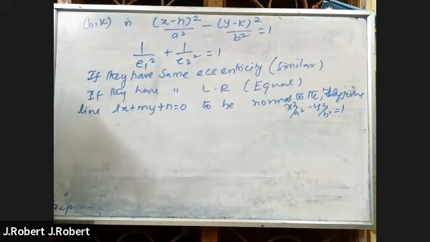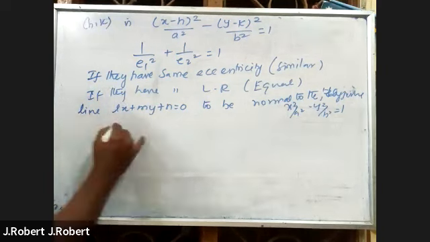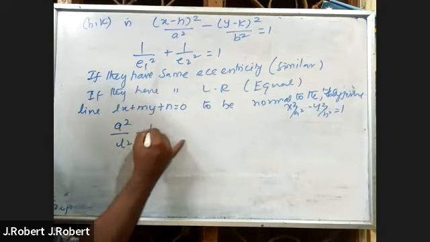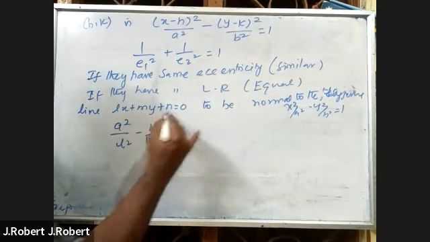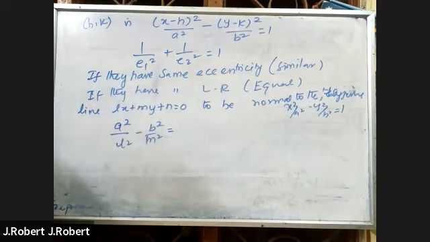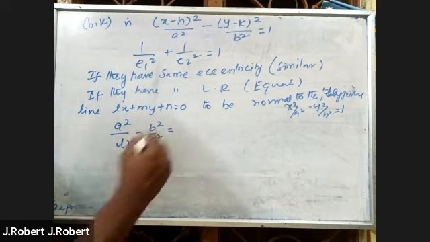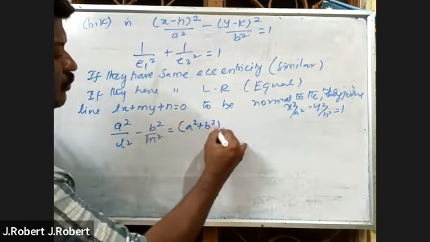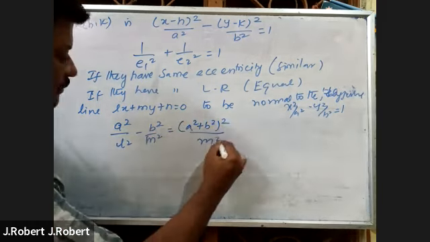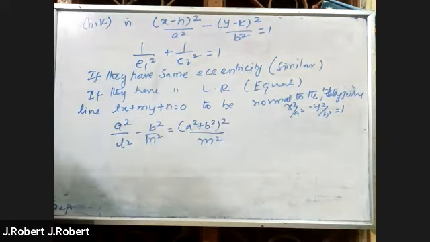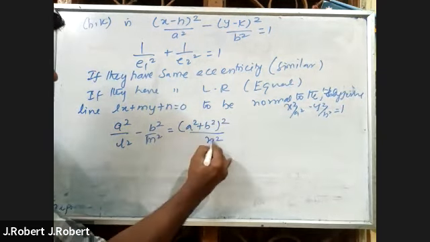Then you know the condition, take down the condition. A square by l square minus b square by m square. Tangent க்கு ஒரு condition கொடுத்த, இதுக்கும் ஒரு condition கொடுத்துட்டேன் இல்லையா? A square by l square minus b square by m square is equal to a square plus b square the whole square divided by n square. Please take down.